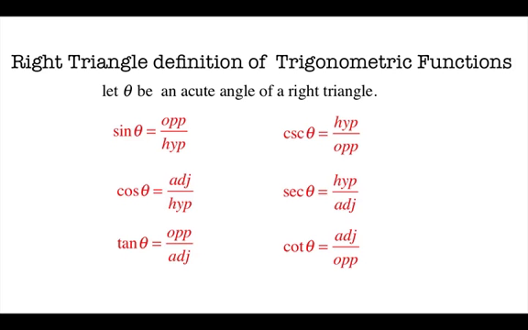Let me read this to you. This is something you probably have seen. Right triangle definition of trigonometric functions. Let theta be an acute angle in a right triangle. And you knew this from geometry.